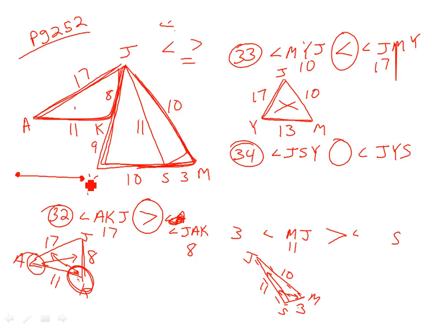On that triangle the bottom said 10, but the smaller triangle said 11. This big whole thing here is 13. This middle one right here is just 10.